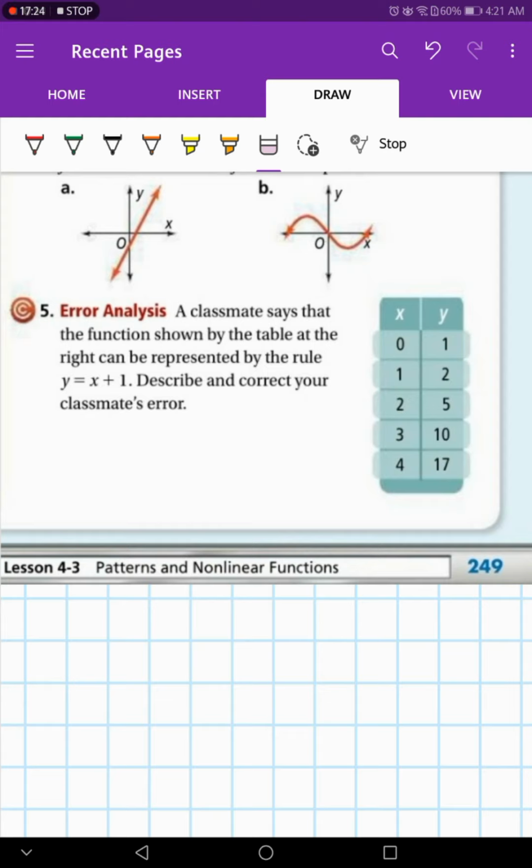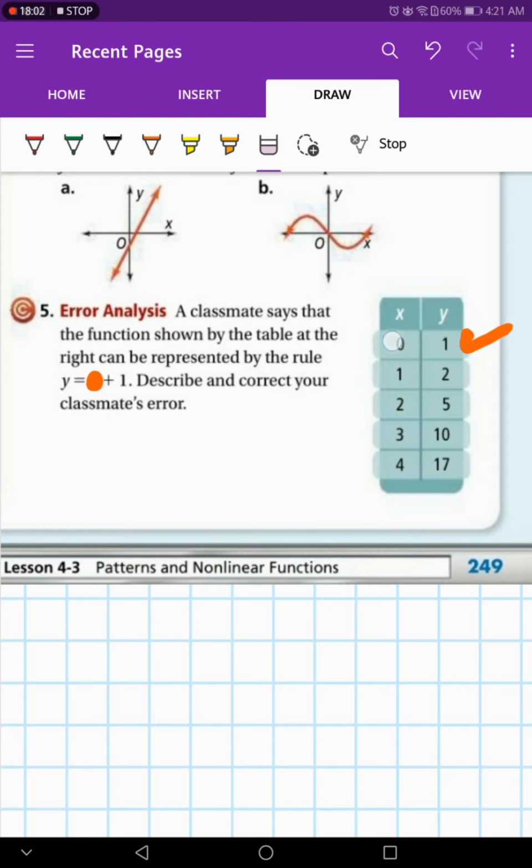Now let us move to number 5 here. A classmate says that the function shown by the table at the right can be represented by the rule y equals x plus 1. Describe and correct your classmate's error. Actually, it is not correct. To make sure, if you put the 0 here, y equals 0 plus 1, which equals 1, which is correct.